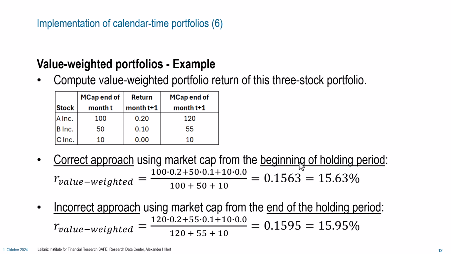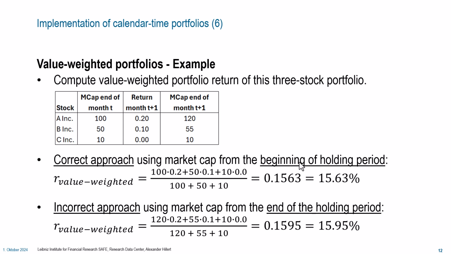Because you avoided losers and you overweighted winners, even though you did not know yet which stock will become winners and which will become losers. So it's important that if you compute value-weighted portfolios, you always take the market cap not in the holding period, but at the end of the formation period.